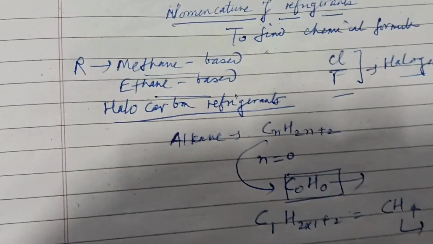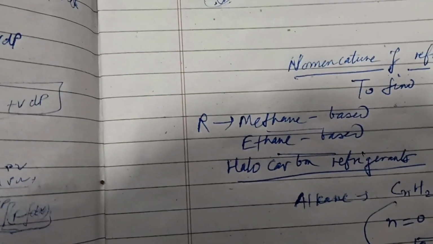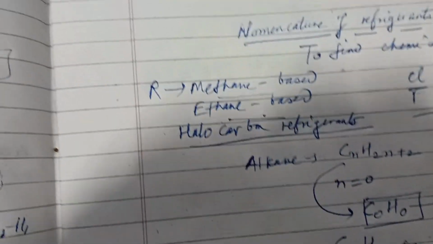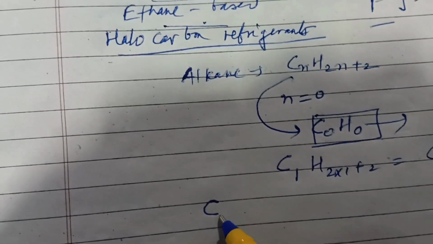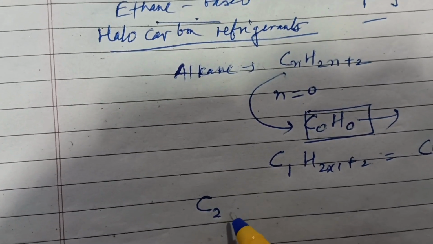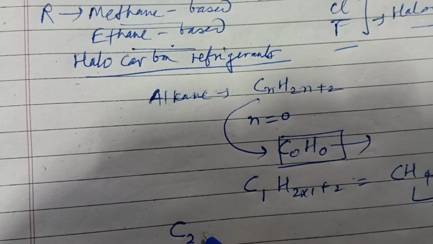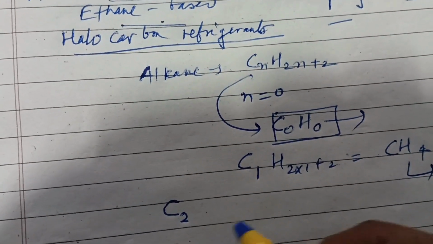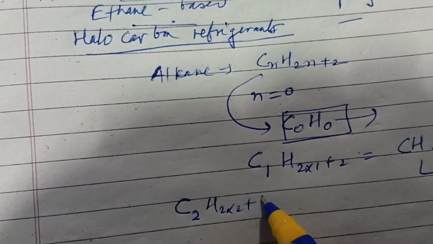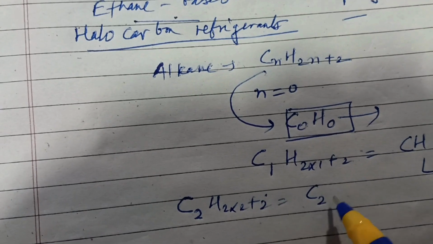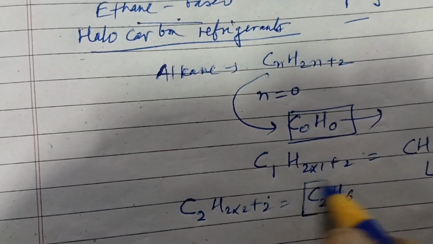If n equals 2, putting this in the general formula of alkane, 2 into 2 plus 2, this gives you C2H6, which is nothing but ethane.